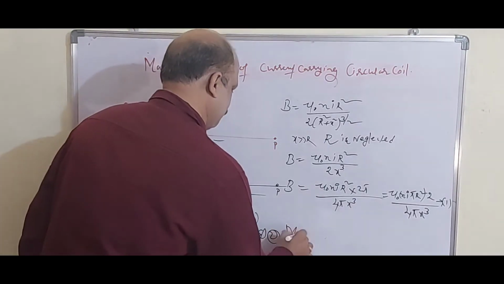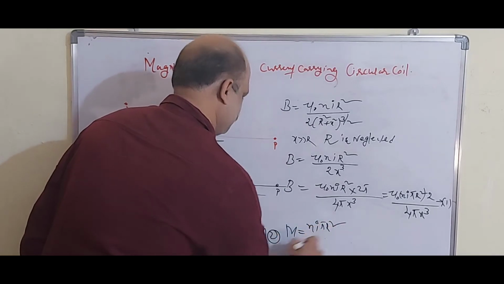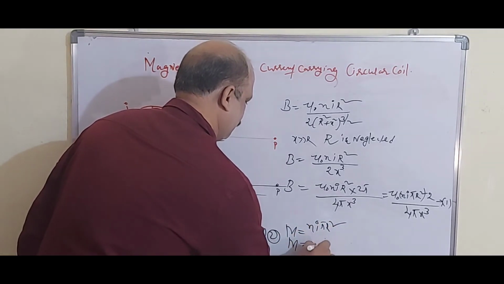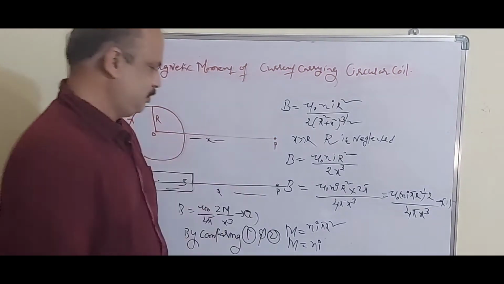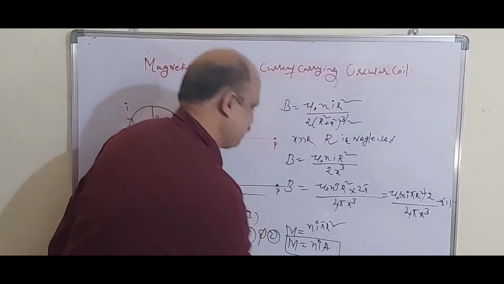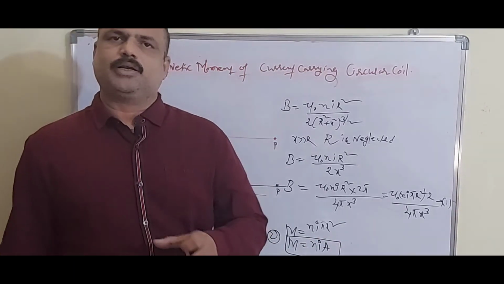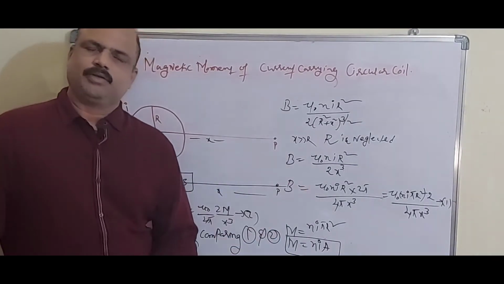So, m = NIπr². What is πr²? The area of the coil. So, m = NIA. This is the expression for the magnetic moment of a circular coil.